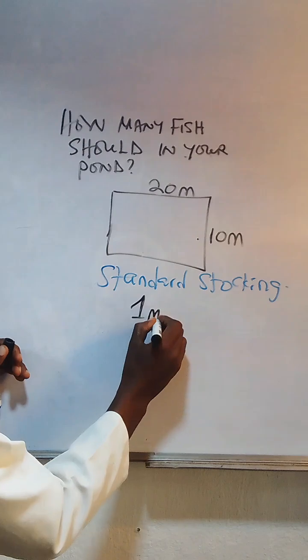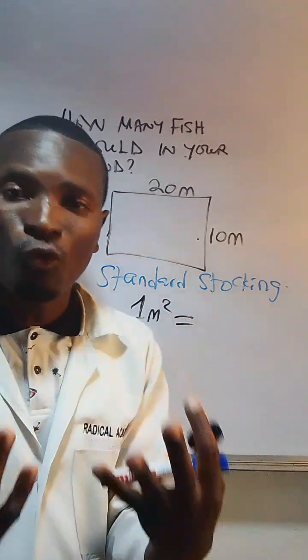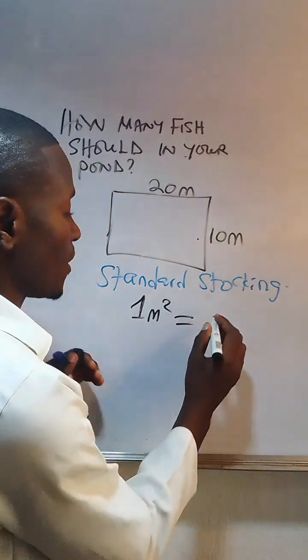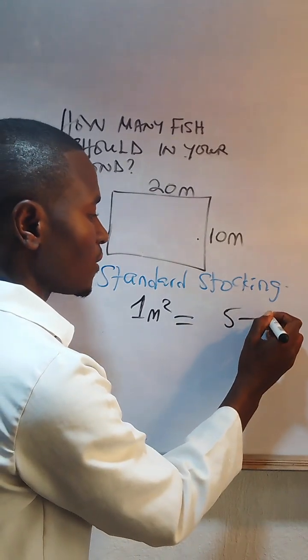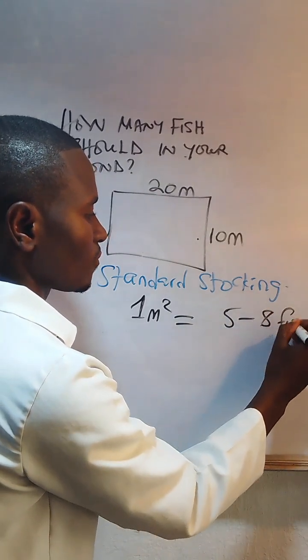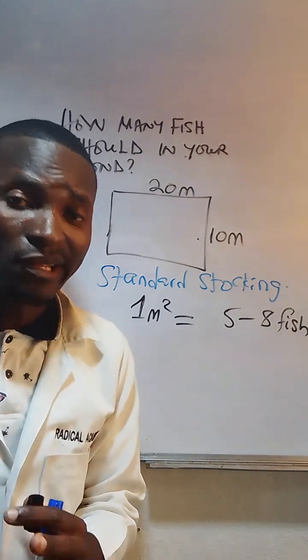per square meter, all you need is let's say 5 to 8. This is all you need.